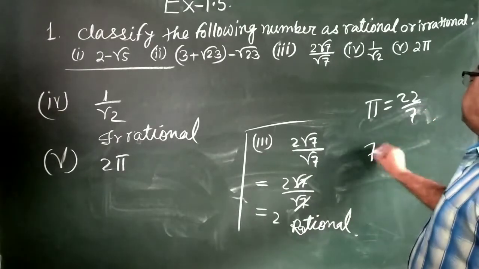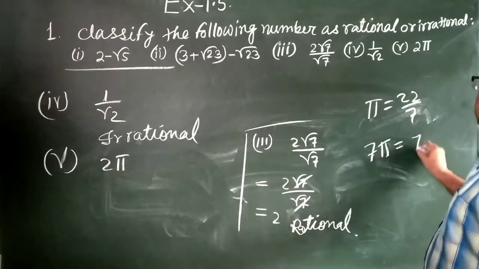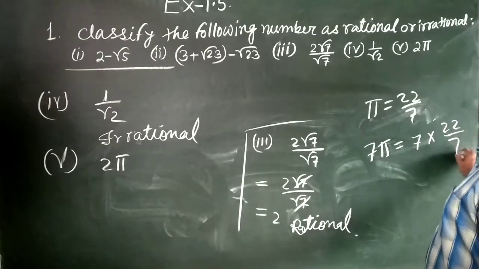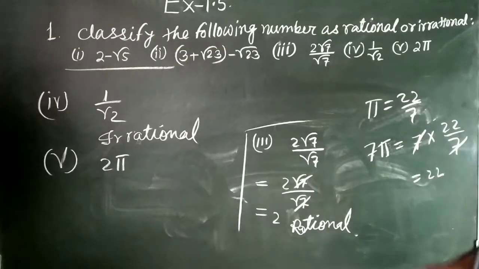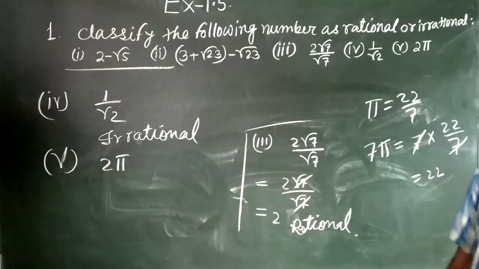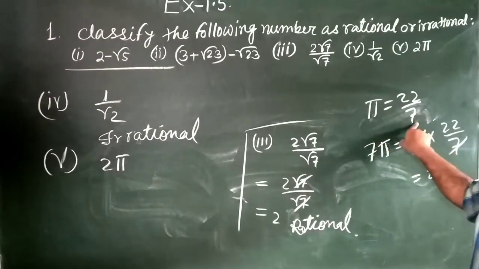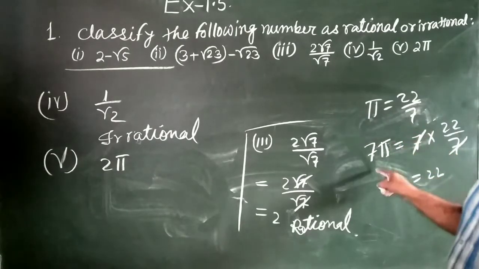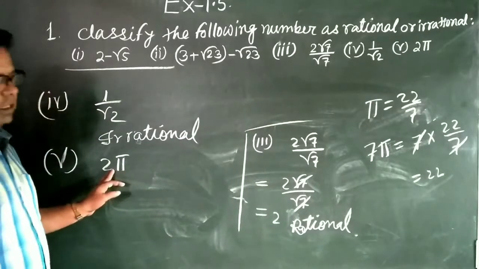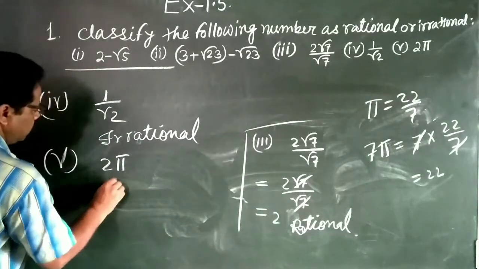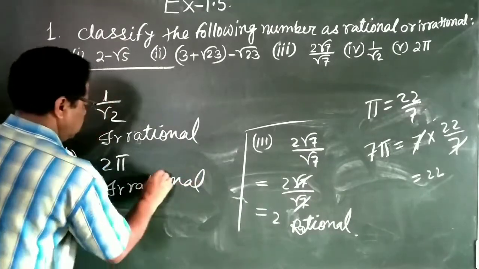For example, 7 pi. 7 pi is rational because the value of 7 pi will be 7 into 22 by 7. 7 cancels, remaining only 22, which is free from root. So this is going to be rational. So any number multiplied with pi which is a multiple of 7 can be rational, otherwise all irrational. So here it is 2 pi. 2 is not a factor of 7, so this is an irrational number. This is irrational.